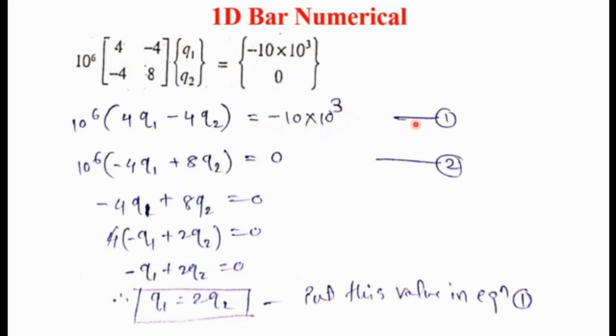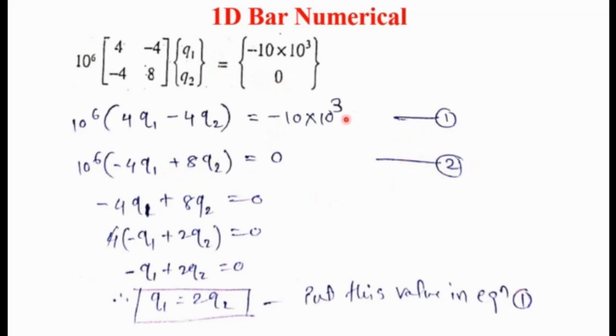This is equation 1. Similarly, the second equation: the second row times this column is equal to the second value. So 10 raised to 6 times, minus 4 Q1 plus 8 Q2, is equal to 0. This is equation 2.